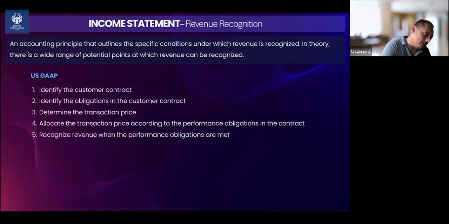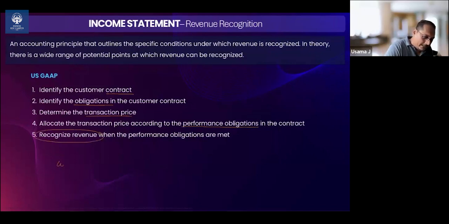You might notice now with US GAAP, for example, the contract, the performance obligation, the transaction price, and performance obligations being met would mean revenue recognition, right?